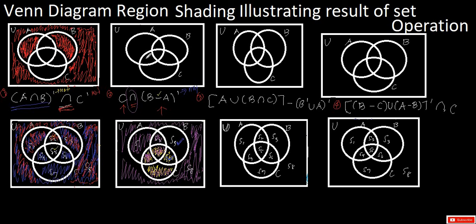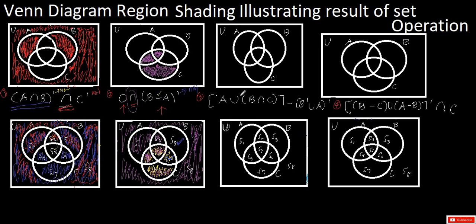So therefore, this region is shaded here. Another, we have S sub 5, the middle region. Then what else? We have S sub 7, this one. So this is the result of the operations in number 2 of the given problem.